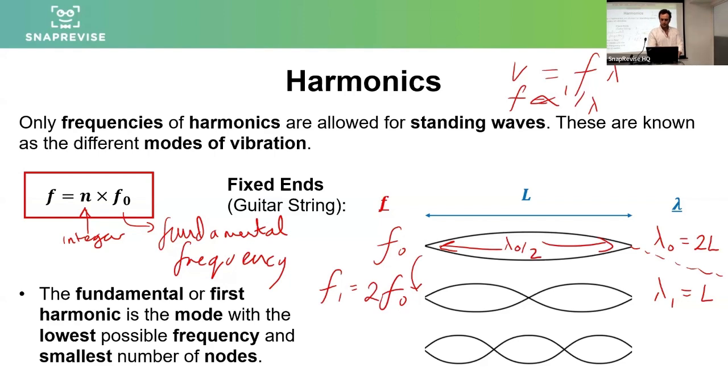Okay, let's go one further. We now have 3 halves of a wavelength, which means that this wavelength is 2/3 of the length of the string. Compared to our fundamental harmonic, instead of halving, we've thirded it, essentially.